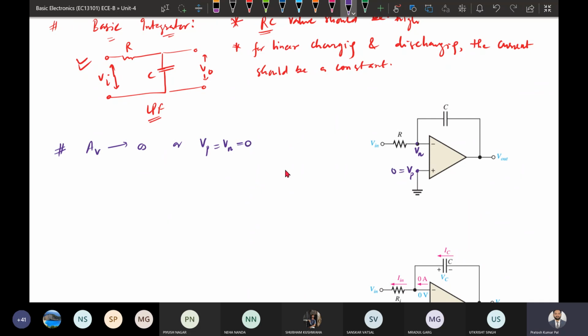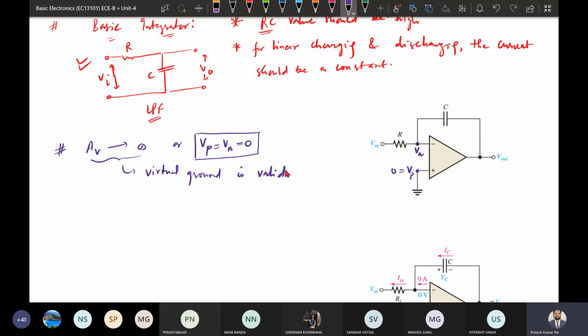So the virtual ground concept is valid because the gain is high. Whatever the voltage of Vp is, the same voltage of Vn will be there, so that will be equal to 0.